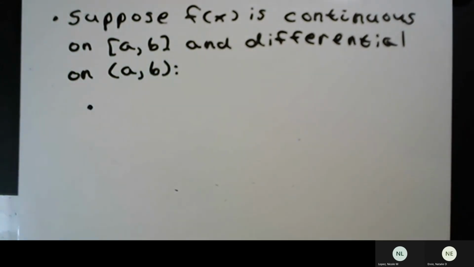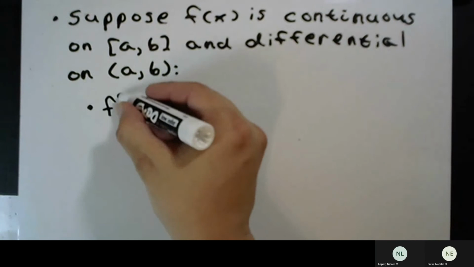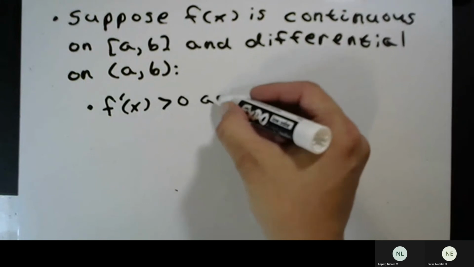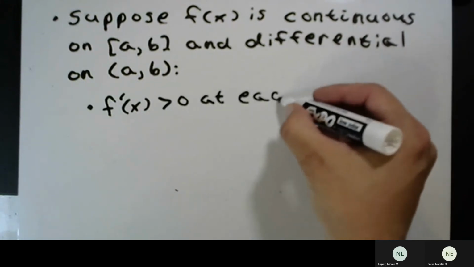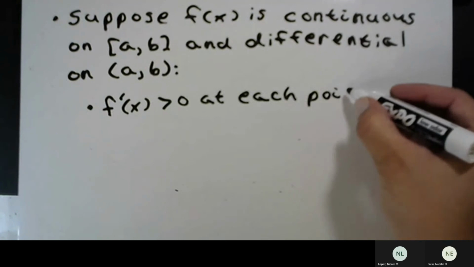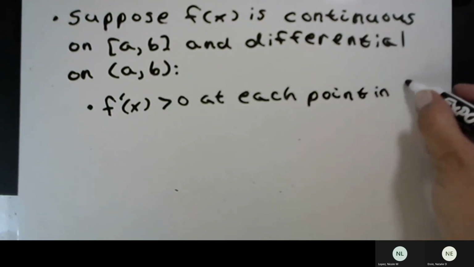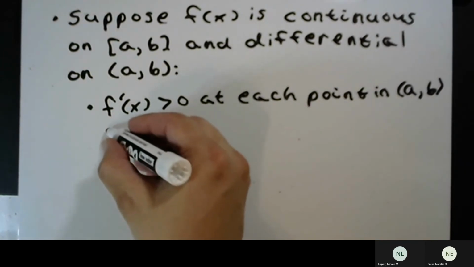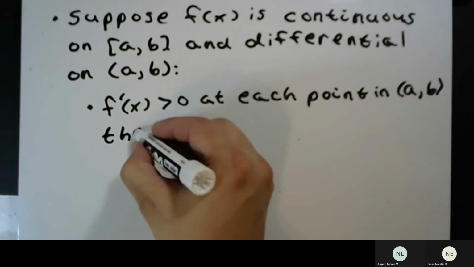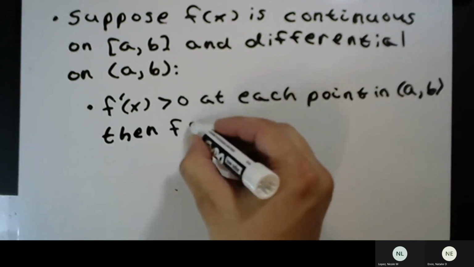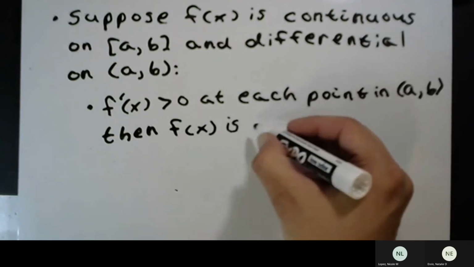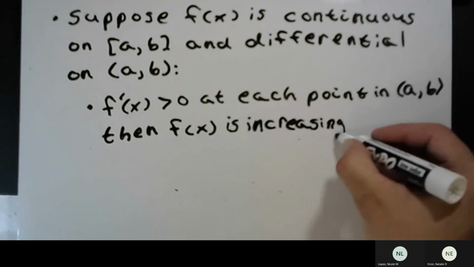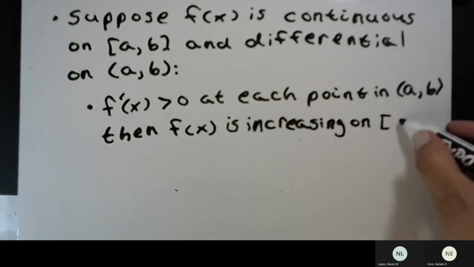So you have two parts to this. If f prime of x is greater than 0 at each point in the open interval, then f of x is increasing on the closed interval.